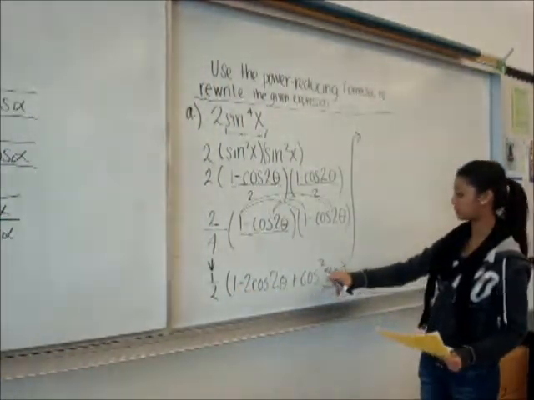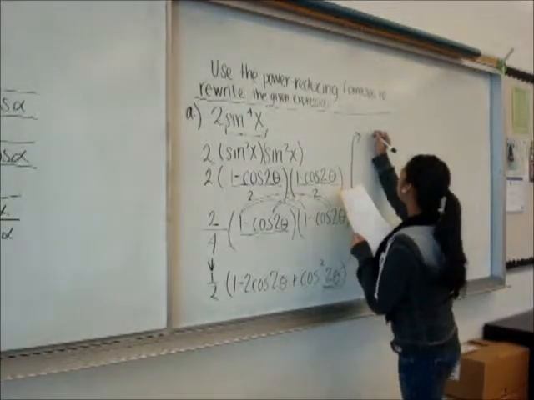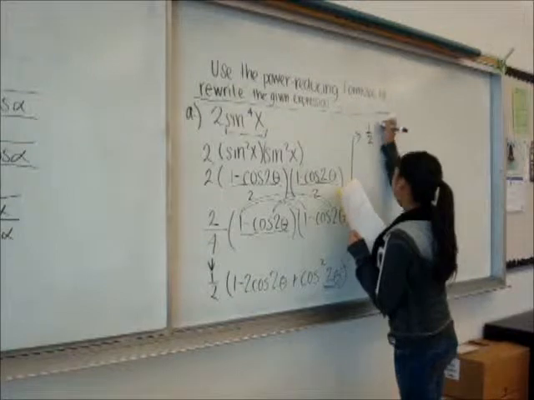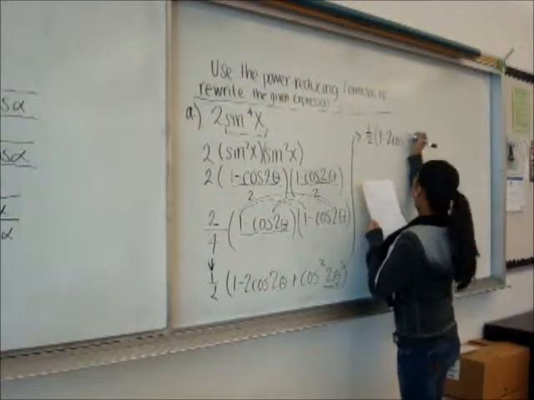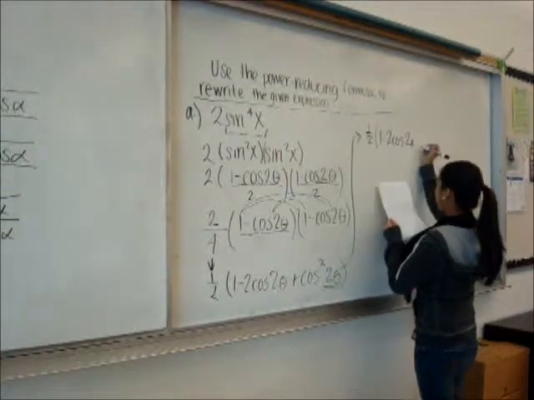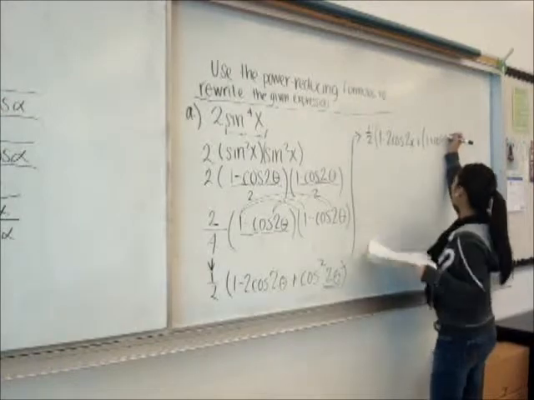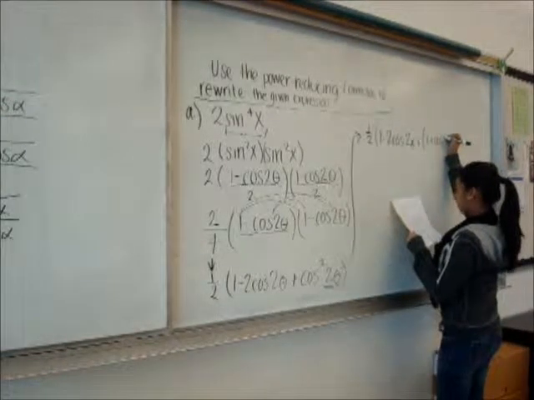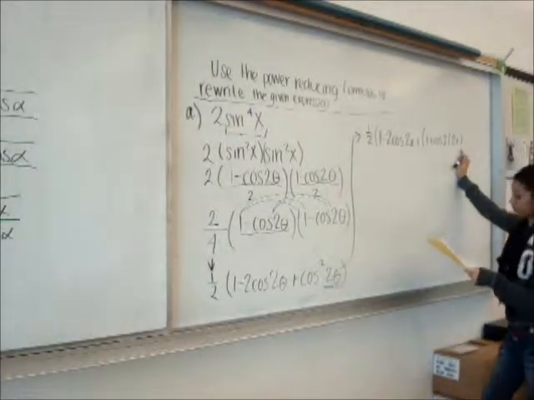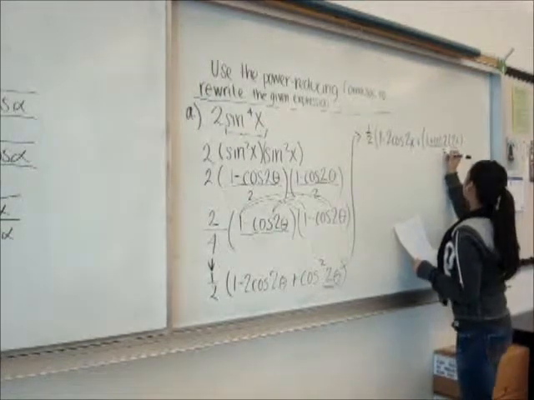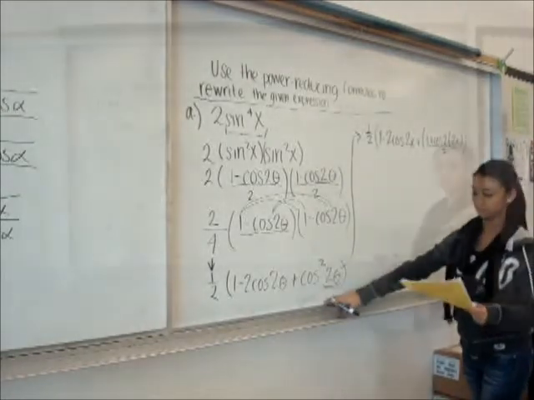So wherever we see cosine squared 2 theta, we're going to change it. So this then becomes, you have that 1/2 out in front, 1 minus 2 cosine 2 theta plus 1 plus cosine 2 times 2 theta, because remember this is our whole angle, over 2. And this is what we got after FOILing down here.